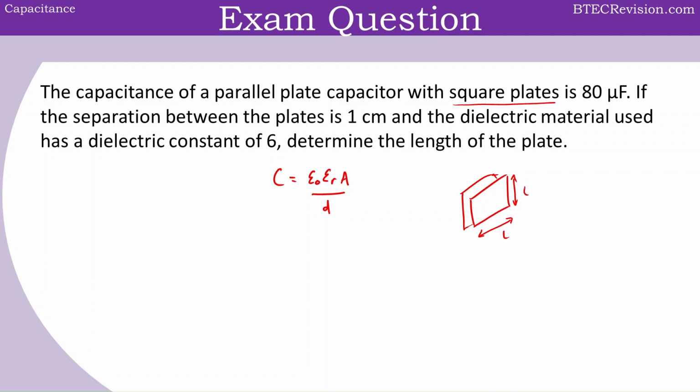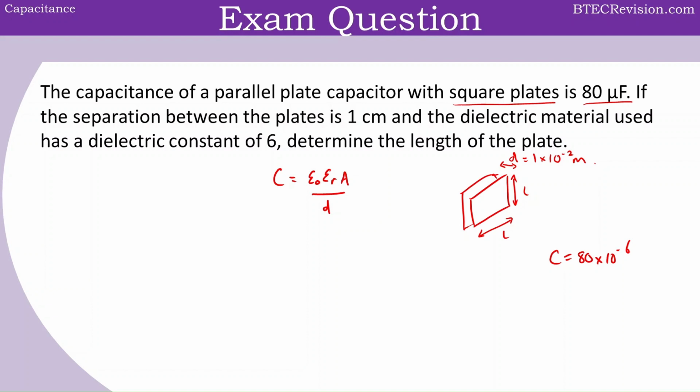And we know we have a capacitance of 80 microfarads. So capacitance equals 80 times 10 to the power of minus 6. And we know the distance between each plate, D, is equal to 1 centimeter. So that's times 10 to the power of minus 2 meters.